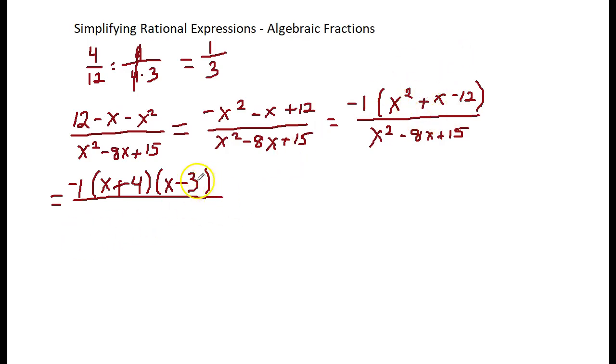Okay? And then the denominator, once again, 2 sets of parentheses. All right, I'm going to have an x and an x. This time, they have to multiply to give you a positive 15. Well, numbers that multiply to give you a positive have the same signs. All right, I look at the middle term, they've got to add to give me a negative.